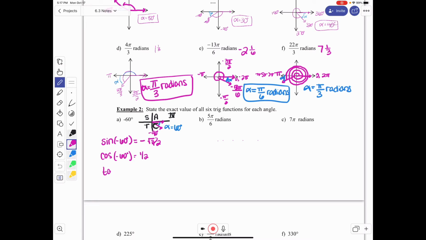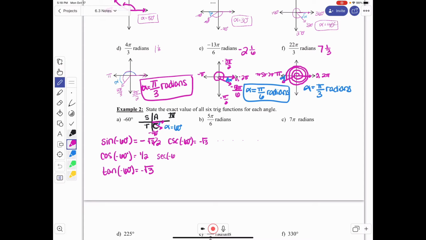All right, tangent of negative 60. When I look it up on the trig chart, it's going to be negative square root of 3, and it's negative because it did not land in its quadrant. So cosecant of negative 60 is going to be negative square root of 3.